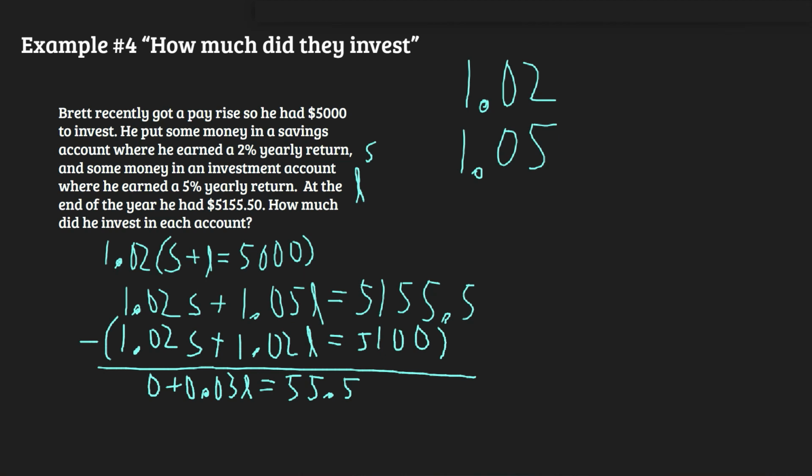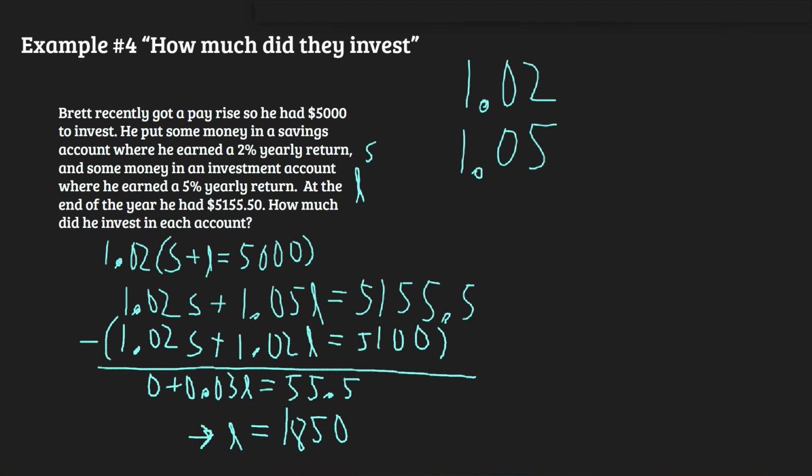So of course, 0.03L divided by 0.03 is just L. And that's equal to 55.5 divided by 0.03, and if I do that, I get 1,850. So in my 5% account, I'm getting $1,850. Now, let's plug this into the first equation here.